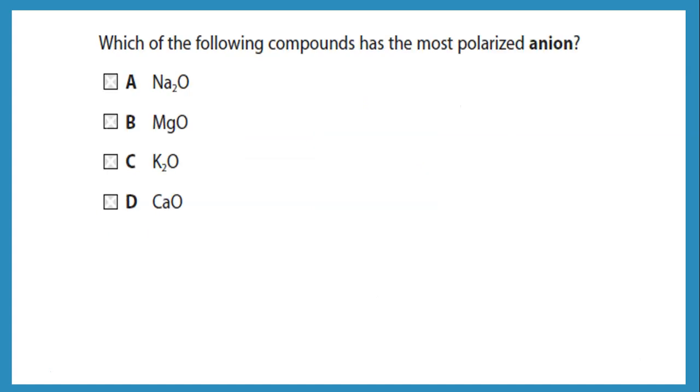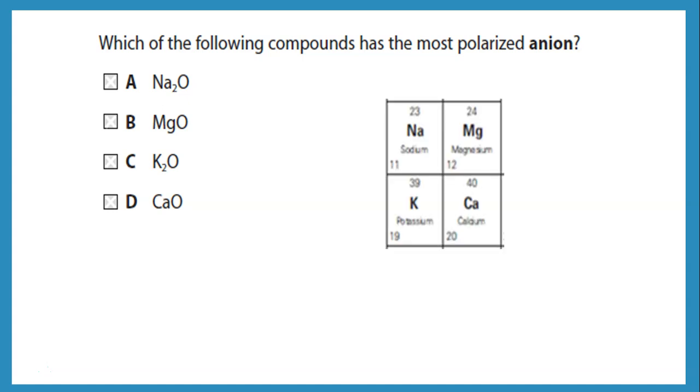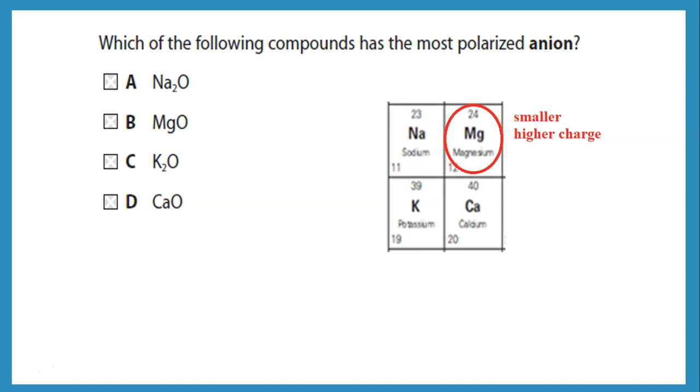Which of the following compounds has the most polarized anion? So if all of them have oxide ion, but we have sodium, magnesium, potassium, calcium, which of these is the cation with more polarizing ability? Well, we said it should be small with higher charge.